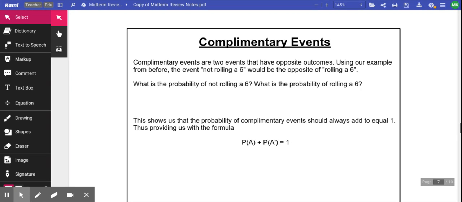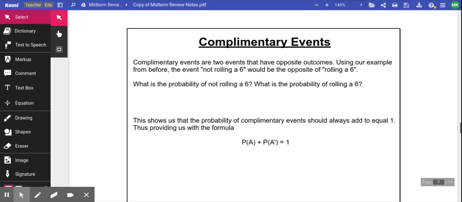That makes sense, because if we add the probability of something happening to the probability of it not happening, then one of those two things should be guaranteed to happen. If you add the probability of passing math plus the probability of failing math, one of those two things has to happen. So that should equal 1.